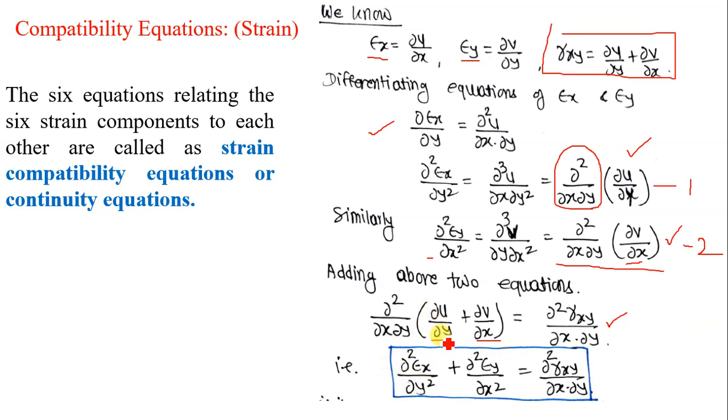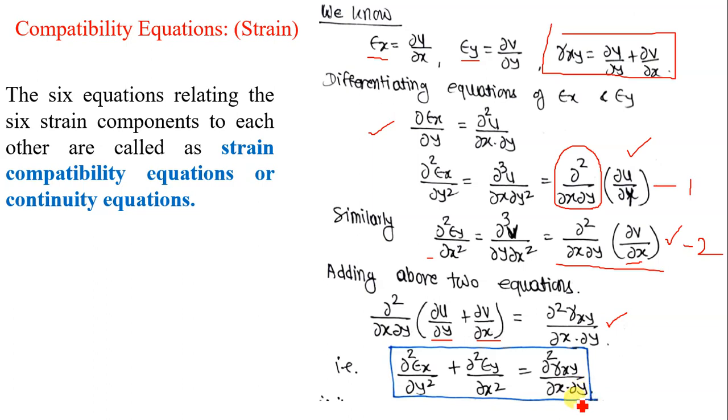As we know, del u by del y plus del v by del x are the differentiation of u with respect to y and v with respect to x. So we can rewrite the equation like this: del 2 epsilon x by del y square plus del 2 epsilon y by del x square is equal to del 2 gamma xy by del x del y.